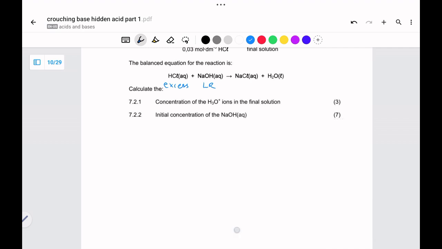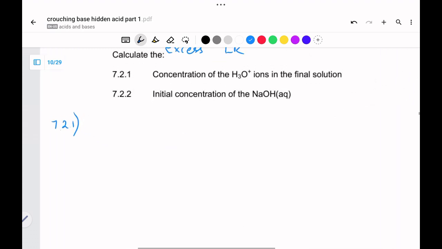So let's tackle 7.2.1. We want the concentration of H3O plus ions. Again, we use the pH formula. The pH was 2.